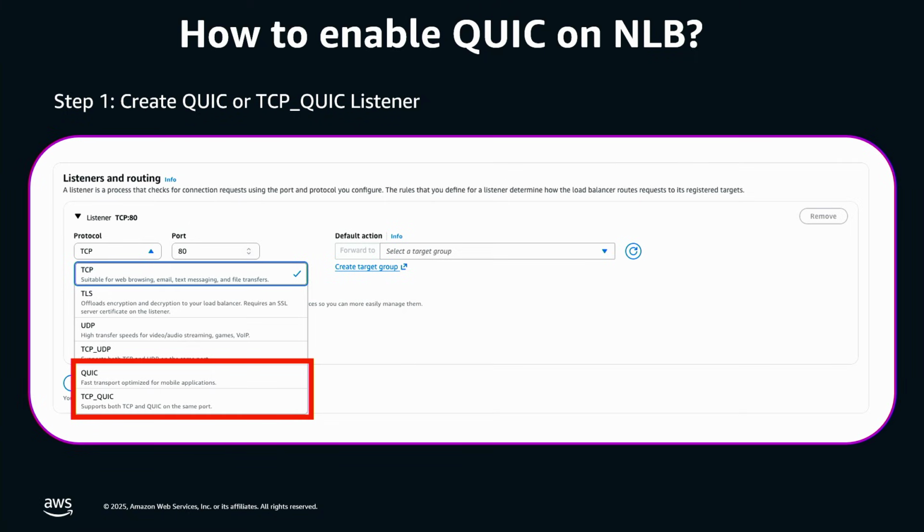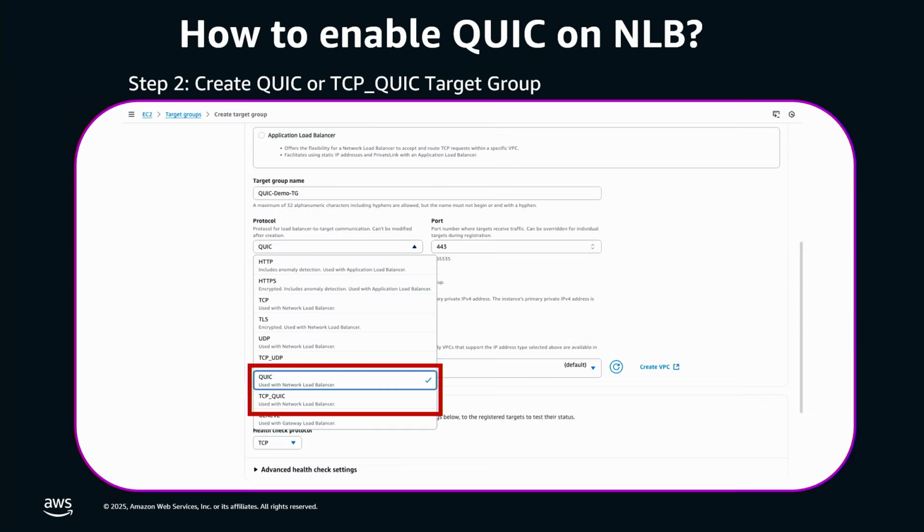We recommend using the TCP_QUIC listener. So you can start with QUIC by default, and if your client endpoints are not capable, it will fall back automatically to TCP. That's step number 1. Step number 2, you create a target group and enable QUIC on that as well.